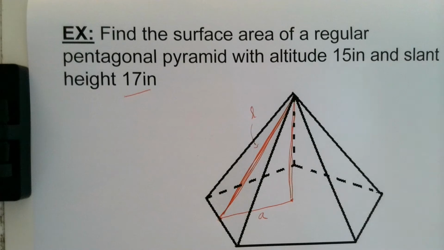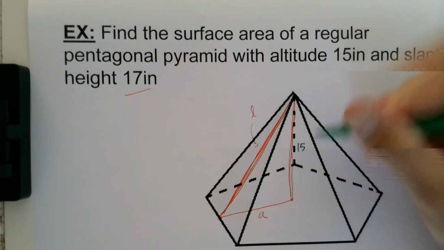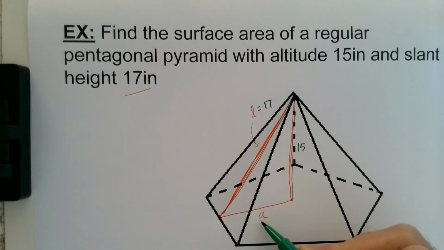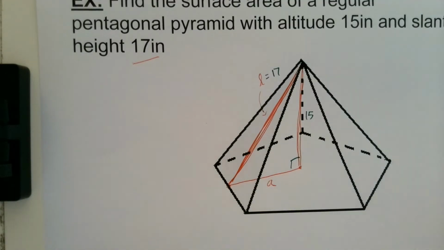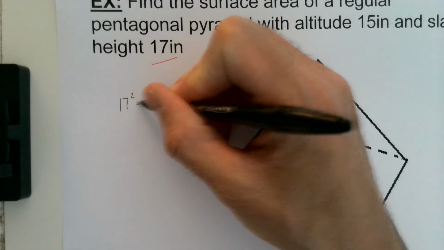So let's see, altitude, they told me is 15, slant height is 17. We need to find the apothem. Okay, that's just another Pythagorean theorem question. So 17 squared.